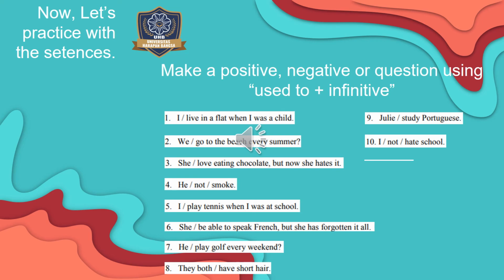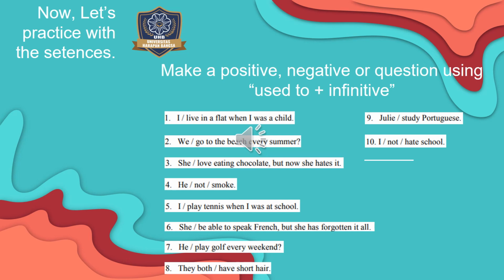Number 1, I live in a flat when I was a child. So we have to decide whether this sentence is positive, negative, or a question.